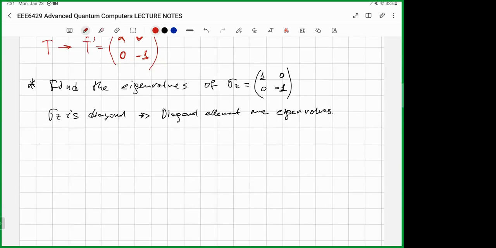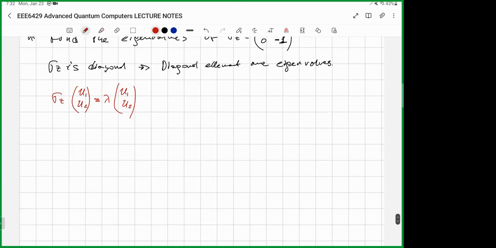Basically, this matrix sigma z acting on vector u1, u2 is supposed to be equal to lambda times u1, u2. So we need to solve this. Sigma z is equal to 1, 0, 0 minus 1, the matrix, and then u1, u2 here is equal to lambda u1, u2.